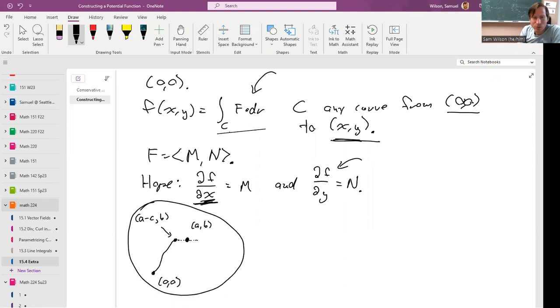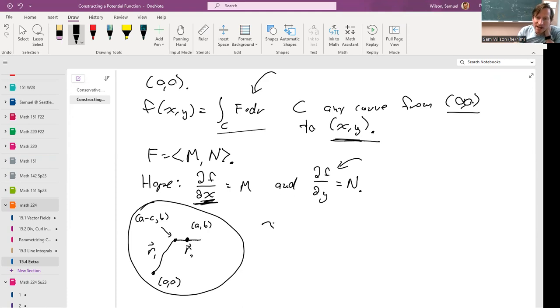And so that gives us this first curve. Let's call that R1. And then we can go directly to the right through this point (a, b). So let's call this part of the curve R2.